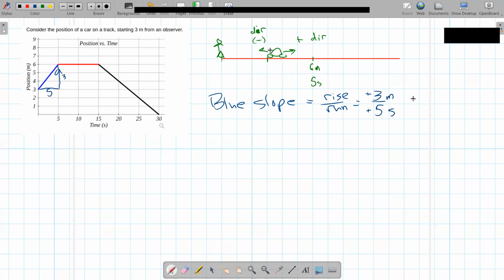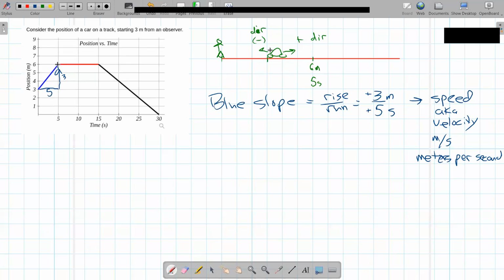So we've just calculated speed here, aka velocity. And that speed is measured in meters per second. All right, so what I see is at first, this car is moving away from the observer at a speed of 3 meters per second.